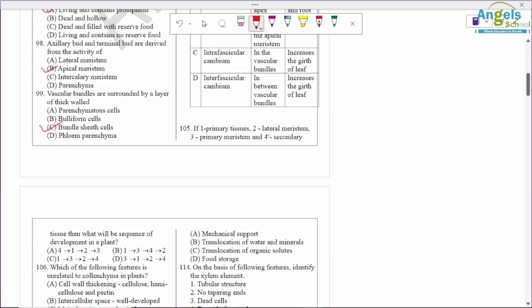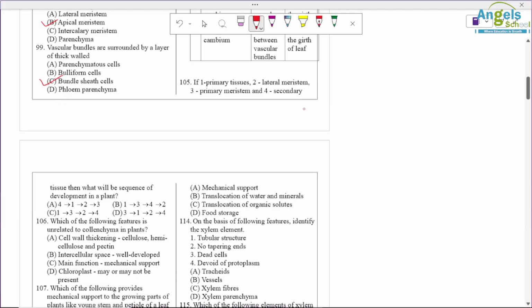If one is primary tissue, second is lateral meristem, third is primary meristem, and fourth is secondary tissue, then what is the sequence of development in a plant?